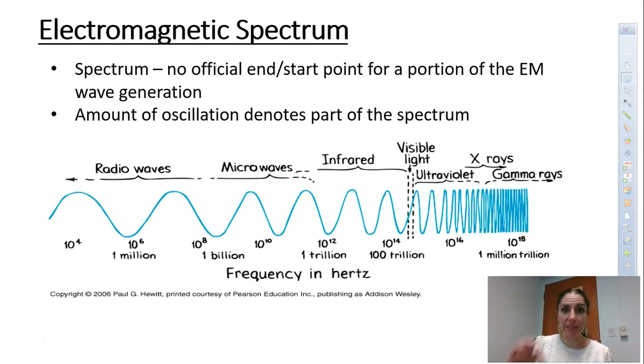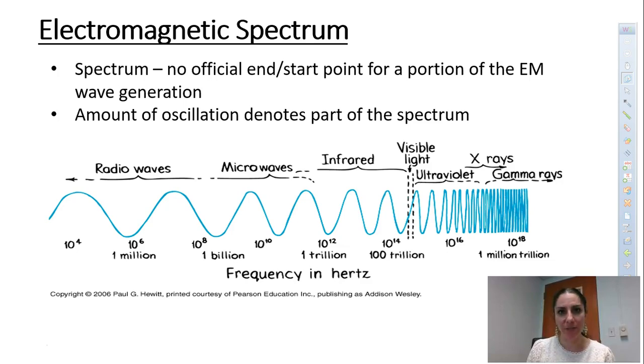So what happens is the amount you wiggle the wave defines what we call it. So very slow wiggles are radio waves. Actually, let me take a quick step back. It turns out that when people were studying electromagnetic waves, they wanted to group together the frequencies so they could talk about them, since it's a spectrum.